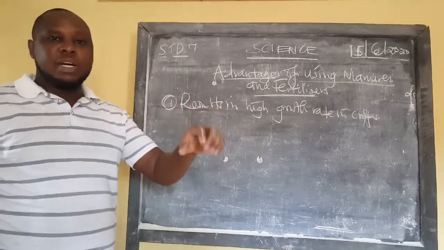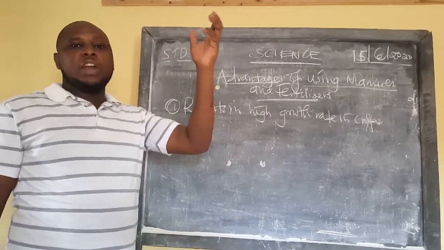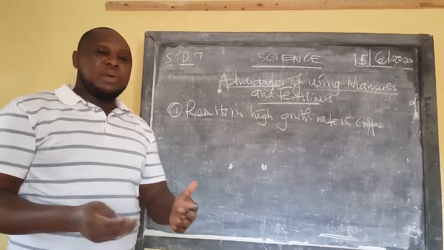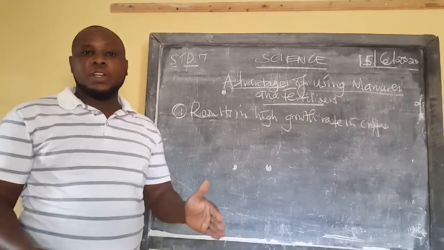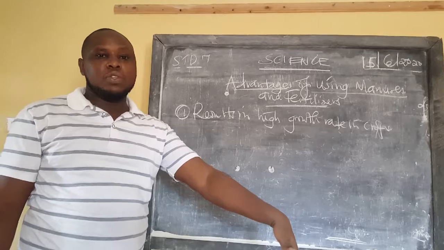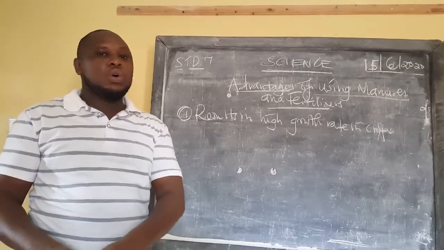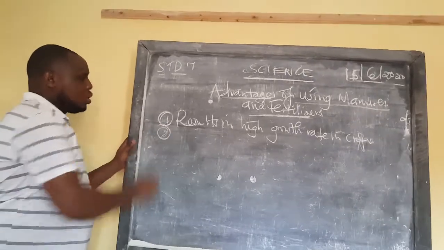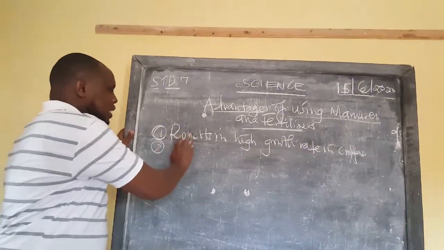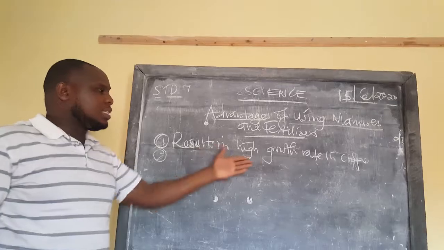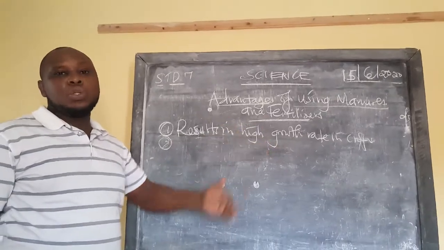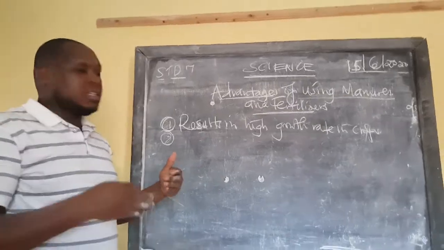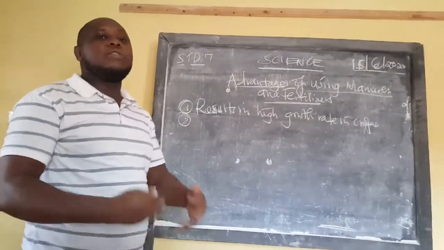The one that you have added manure to is going to grow very fast and robustly, so that within some period of time you can see the difference, because one is getting a lot of nutrients, while the other is just growing in normal soil. Crops grow very fast because they are getting the nutrients that they require.